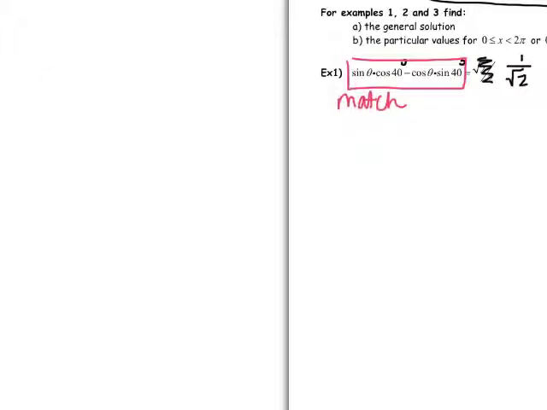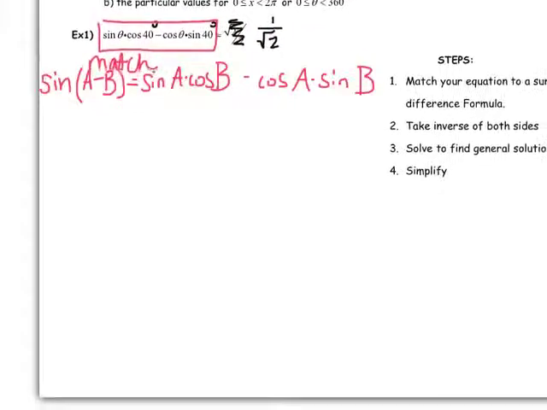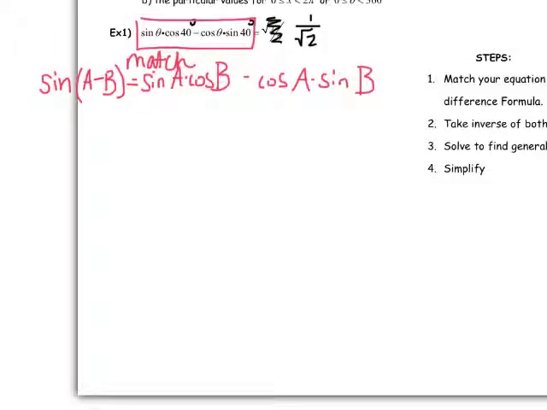So I have, one of my rules is sine A minus B equals sine A cosine B minus cosine A sine B. So the reason why I know that this matches is because, let me bring this back now, because I've got sine of something first, then cosine of something different, minus symbol, cosine of, and this very first letter A should match this letter A. So this theta matches this theta.